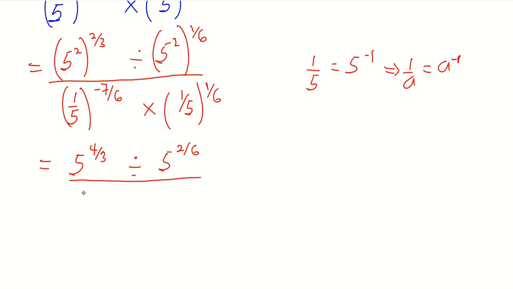It means we have 5 exponent negative 1 multiplied by negative 7 out of 6, and in the same way we can also change this 1 out of 5 to 5 exponent negative 1. So times 5 exponent negative 1 multiplied by 1 out of 6.